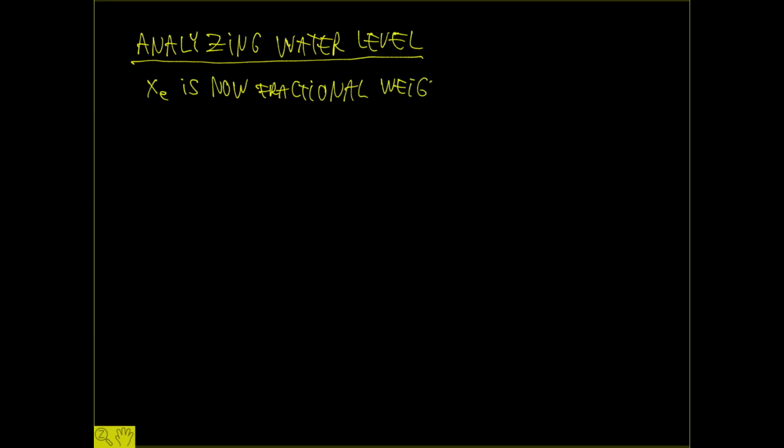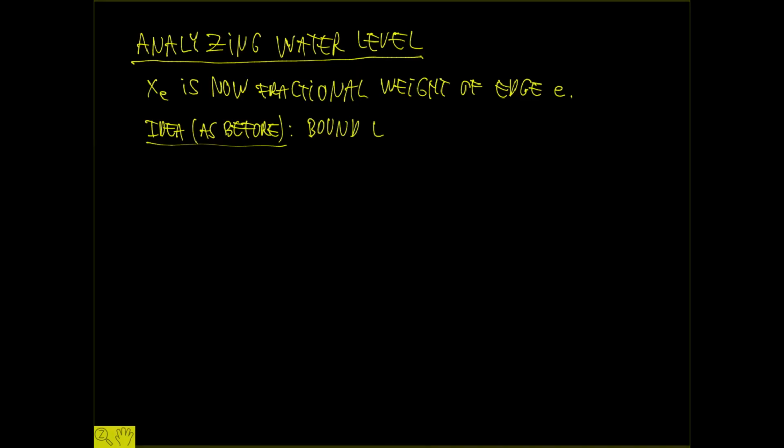To analyze the water level algorithm, we're going to take a similar approach as before. So again, we want to consider this LP and the decision variables XE, where XE is now a fractional weight of an edge E. And basically we want to bound the LP value by some feasible solution to the dual.